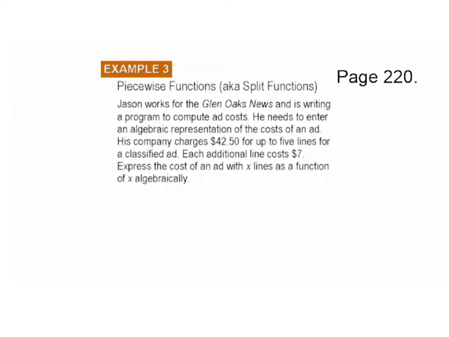We've got one situation when your lines are less than 5 and one when they're greater than 5. We're going to let this letter represent the cost of a classified ad. What we know is that there are 2 instances where that's equal to it. One is it costs you $42.50 when you have 5 lines.